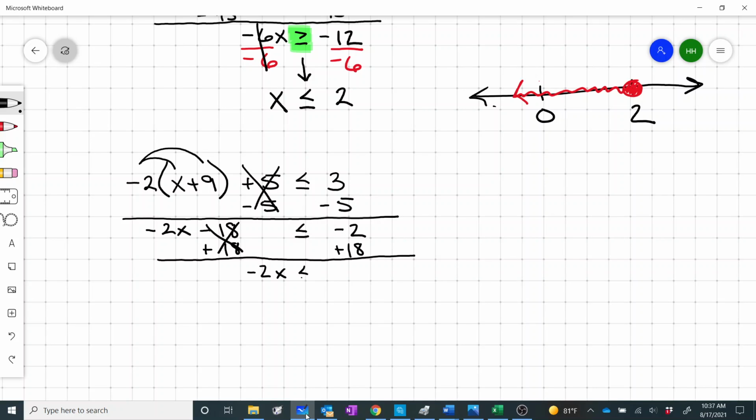No, wait. Negative 2 plus 18, that's not negative 9. Yeah, that was 16. So then now here's where you got to pay attention. You're dividing both sides by negative 2. The direction of the inequality has to change. So our x is going to be greater than or equal to negative 8.